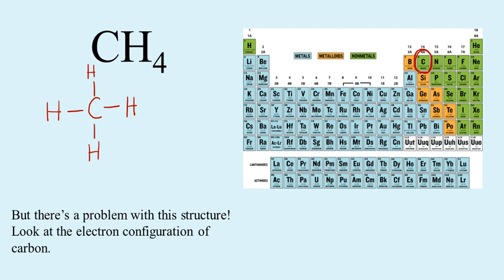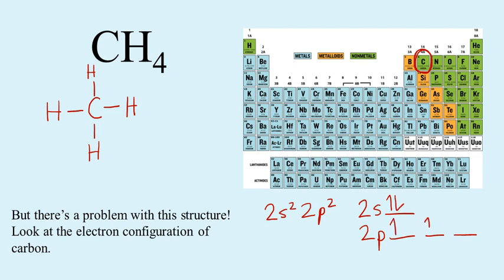The 1s2 electrons are not valence electrons, but carbon does have 2s2 and 2p2 as valence electrons. And so if we plot those on an orbital diagram, we have 2s with 1 orbital and 2p with 3 orbitals, and the 2s electrons are paired up, and the 2p electrons look like this.